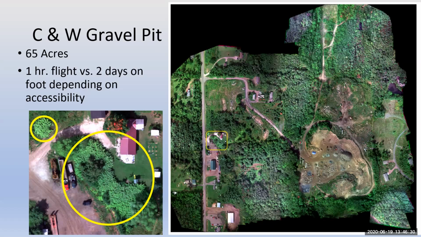The box on the right-hand side is an area that we'll focus on throughout the presentation here. And the lower left image is a blow-up of that box. The circles are Japanese knotweed. That small circle on the top left is one kind of bush of it there.